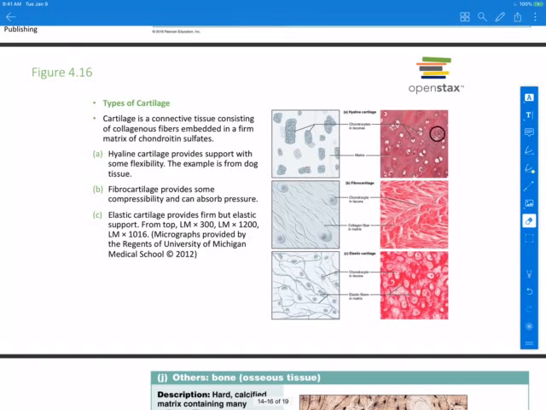Hyaline cartilage provides a lot of support, but it's also somewhat flexible. And it has these short and dispersed collagen fibers and large amounts of proteoglycans. It has a very smooth surface, so it appears clear, and it's really strong and flexible. It's good that it has a smooth surface because hyaline cartilage is found on the ends of bones that meet at joints.